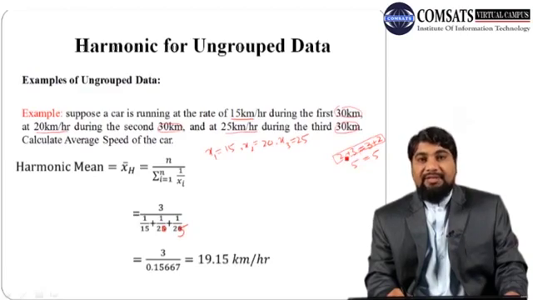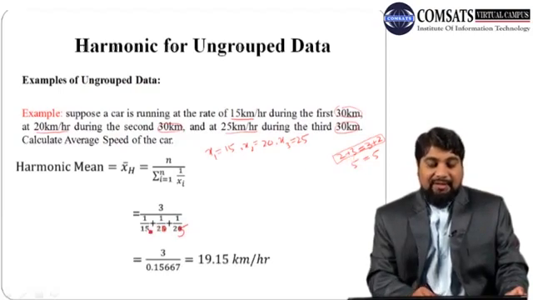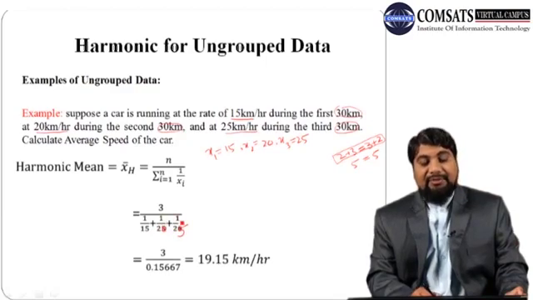Commutative means if we change the position, the result remains the same, so the numbers commute. So here we have 1 divided by 15, then 1 divided by 20, then 1 divided by 25.